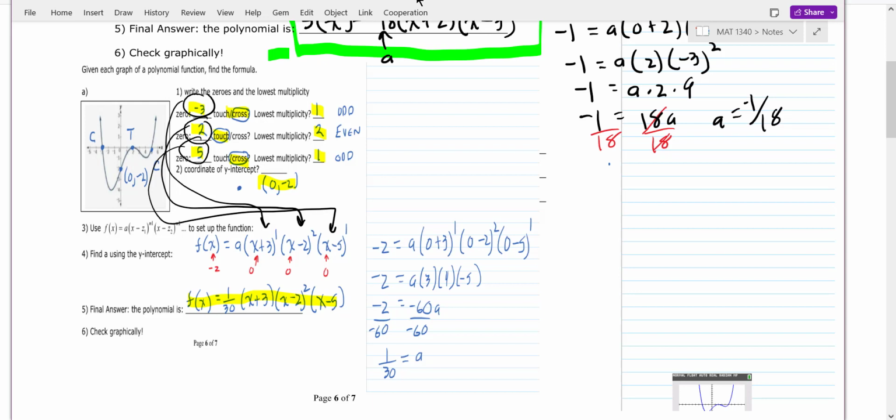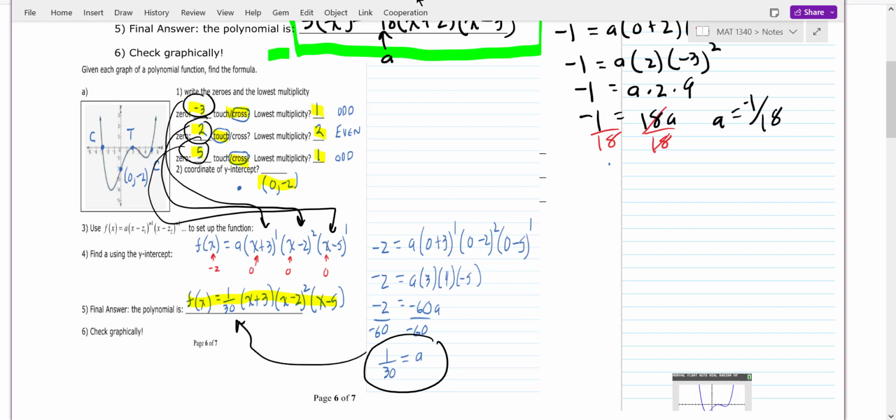Then you put an a there, because your job is to figure out what a is using the y-intercept. Since the y-intercept was 0, -2, I plug the -2 in there and replace all the x's with zeros, and if you do all the algebra and arithmetic, you end up getting 130 like I did before, and that gives you your final answer.